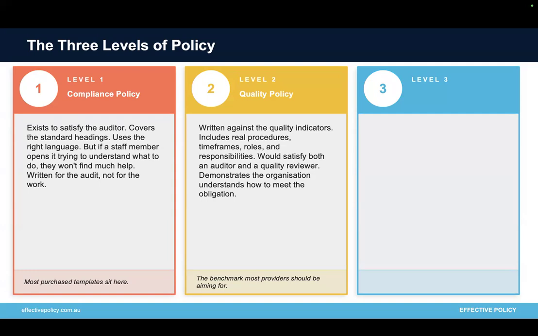So that sort of demonstrates that an organisation understands how to meet their obligations, as well as just following the dotted line along the road in level 1 policy.